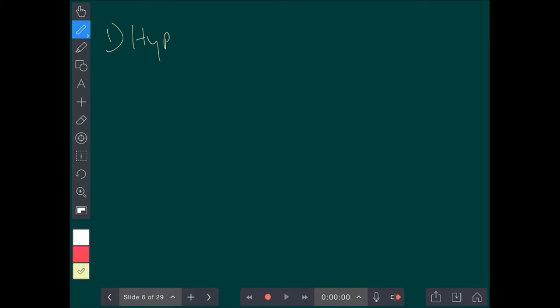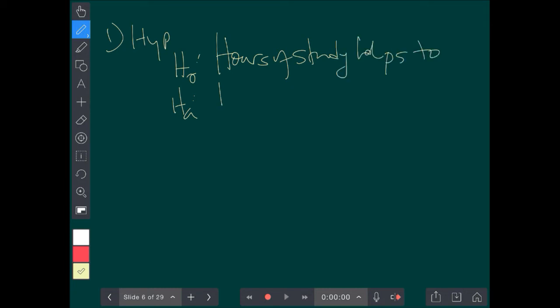So hypotheses, H0 and HA. H0: hours of study does not help to predict exam percentage, my bad, since H0 should say it does not help. HA: hours of study helps to predict exam percentage.